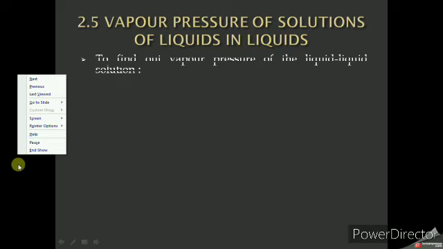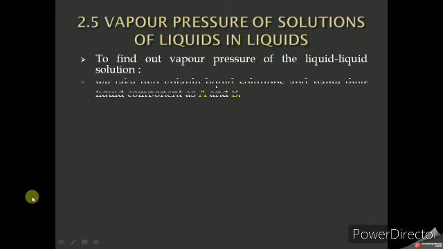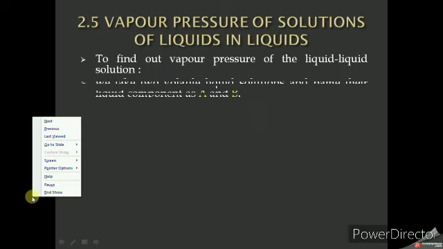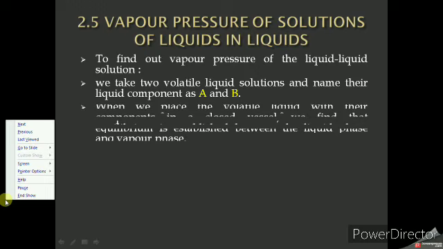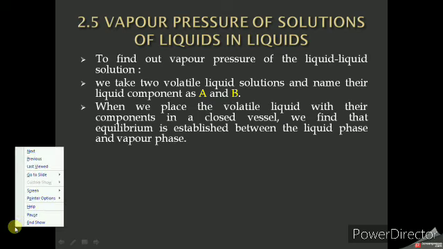To discuss this concept, to find out the vapor pressure of a liquid-liquid solution, we have to consider two components A and B, two volatile liquids. When we place a volatile liquid solution with these components in a closed vessel, we find that equilibrium is established between the liquid phase and the vapor phase.